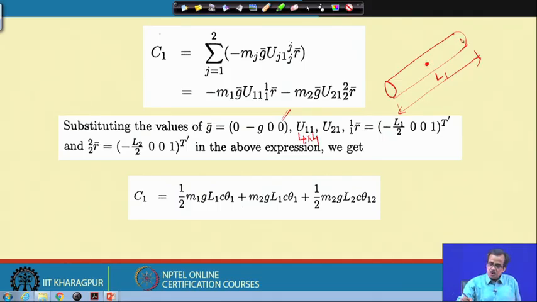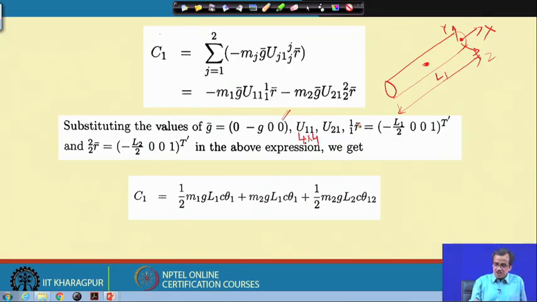And the coordinate system, as I told, because we are interested to determine how much will be the reaction torque, is attached here. So, this is the x axis, and with respect to this, it will be minus L by 2. So, this is y and this is z.